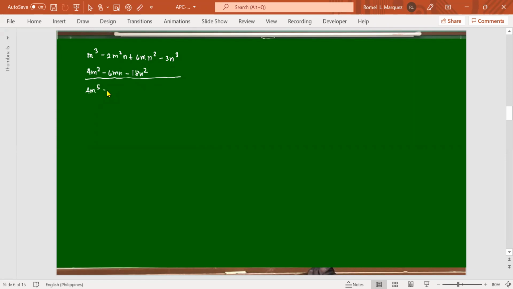4m to the 5th. Negative 8m to the 4th n. Plus 24m cubed n squared. Minus 12m squared n cubed. Okay, guys? Next.